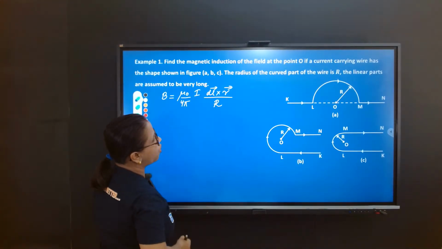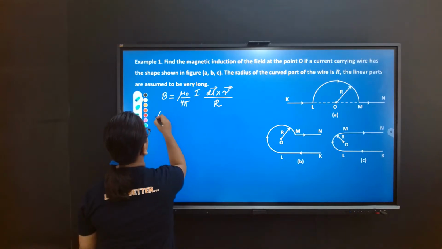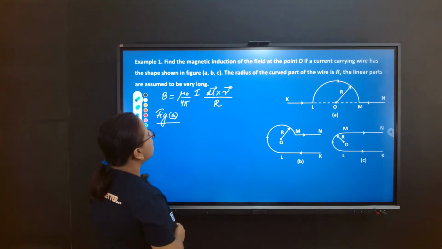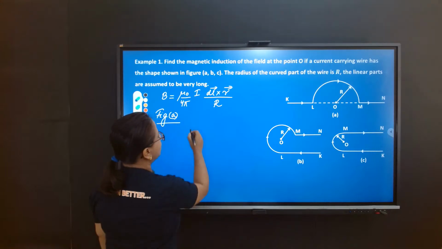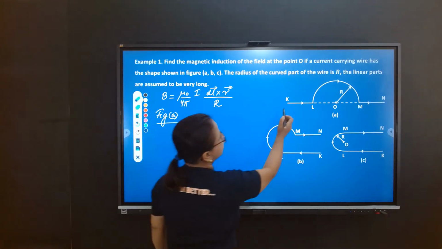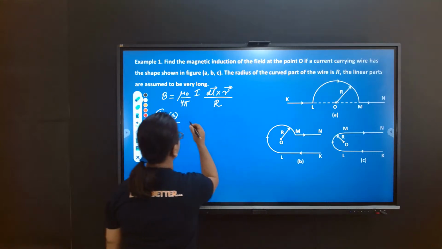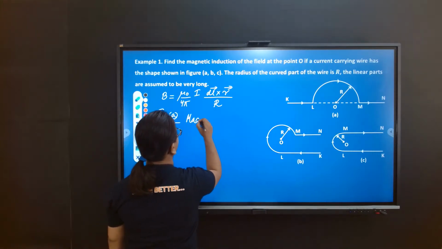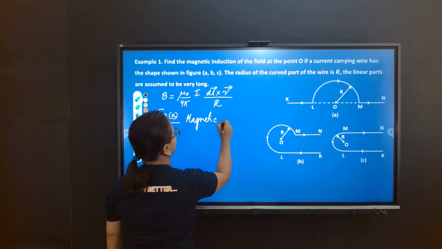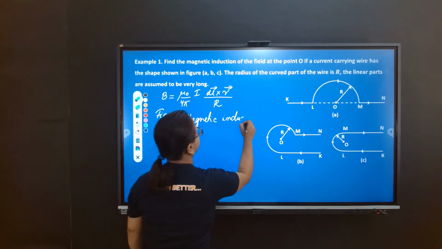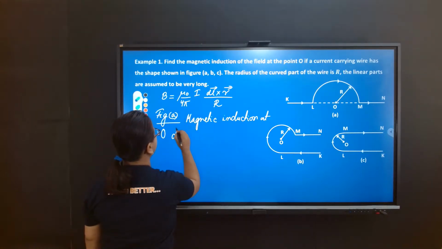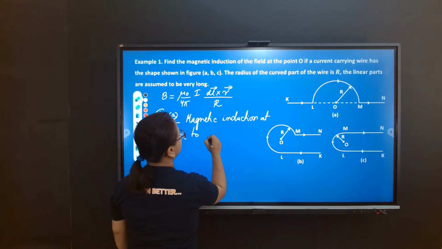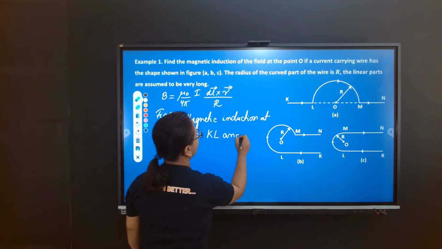Now, applying this formula to the first figure, we are trying to solve for figure A initially. For figure A, the magnetic induction at O due to the conductors KL and MN.